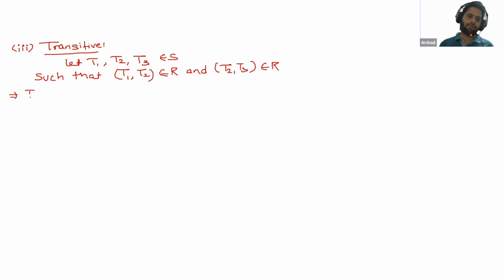This implies T1 is congruent to T2. You can also write the symbol of congruent, it's your wish. And T2 is congruent to T3.